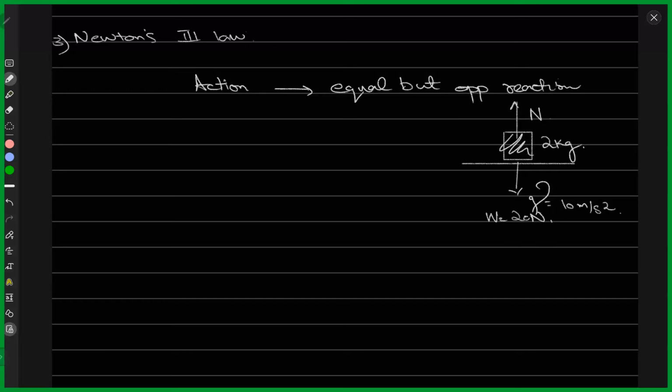Now, you have to remember that this force which is acting downwards, which is the weight, is the force due to this block. And this normal force N is due to the ground. So these are two different bodies. One is the block and one is the surface of the earth. So this force is due to earth and the weight is due to the block.